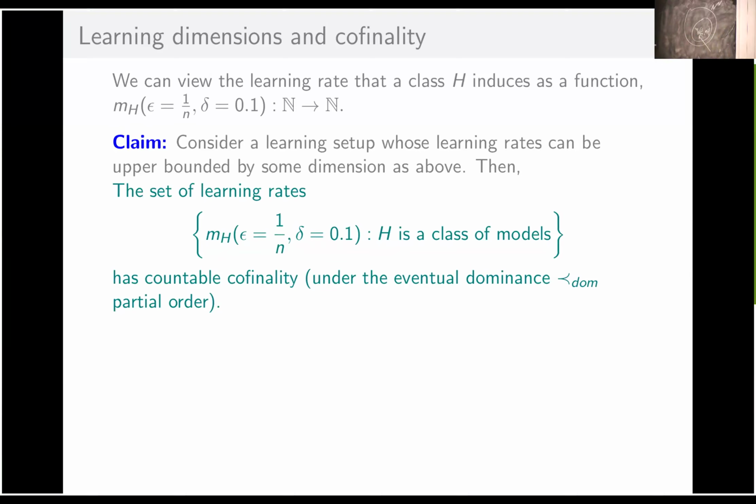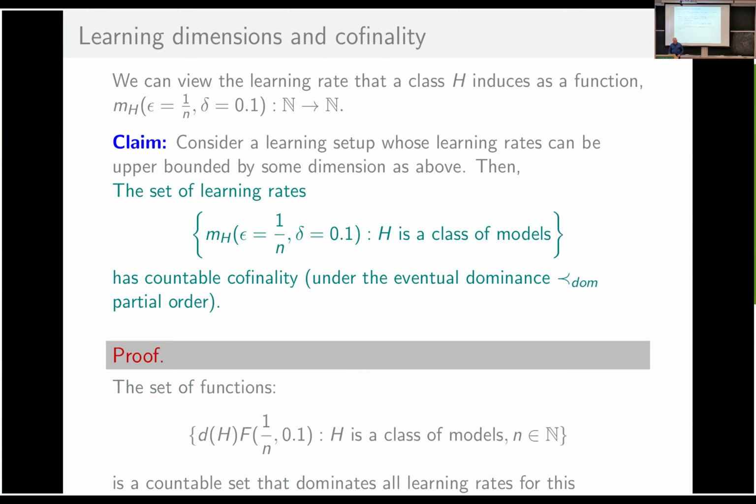Why is this the case? Because if I have a dimension, then those functions all look like a function of the dimension and n. So every such M_Q of epsilon, delta, of 1 over n, delta equals 0.1, will be a function of d of Q and 1 over n.